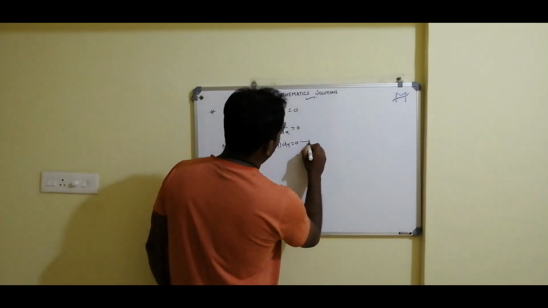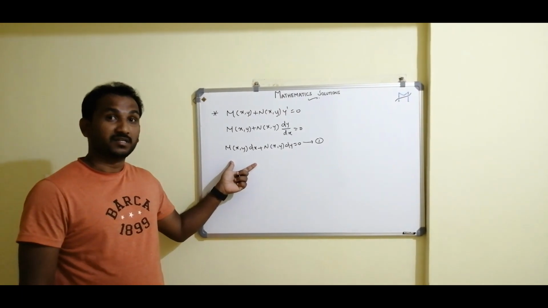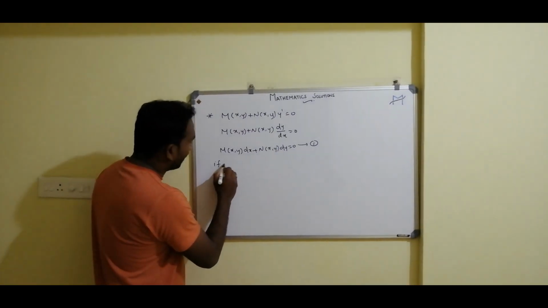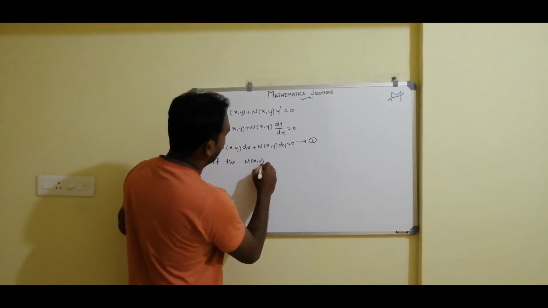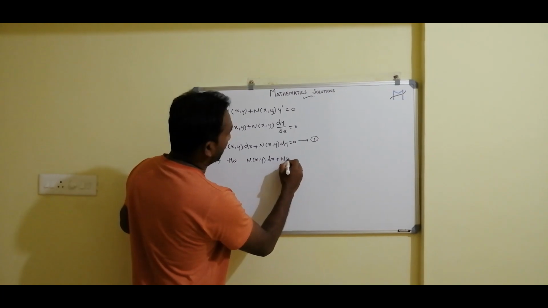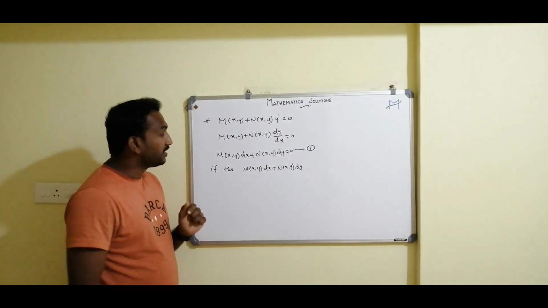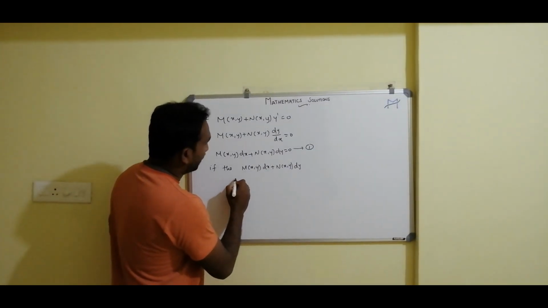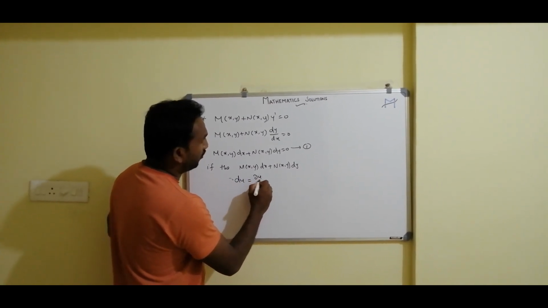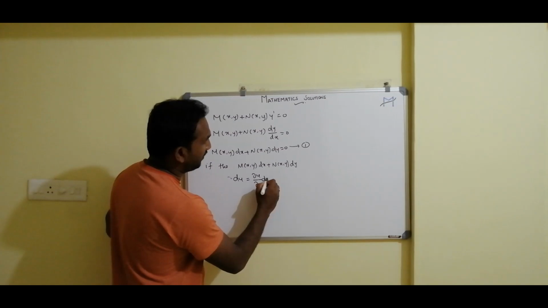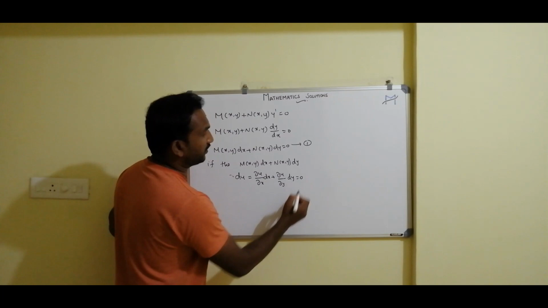Now consider this as equation number 1, and this equation is called an exact differential equation if the differential M(x, y) dx + N(x, y) dy is exact, and this is of the form du = ∂u/∂x dx + ∂u/∂y dy = 0.